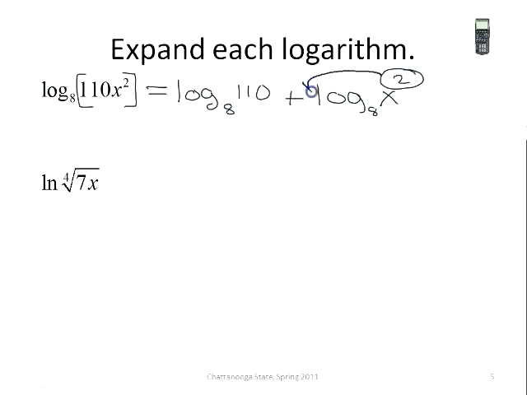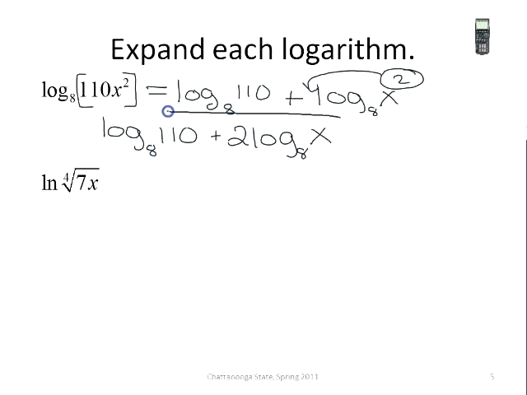Now I can use my property one more time with this exponent and pull that out in front. So I'll have the log base 8 of 110 plus 2 times the log base 8 of x. And this would be the expanded form.